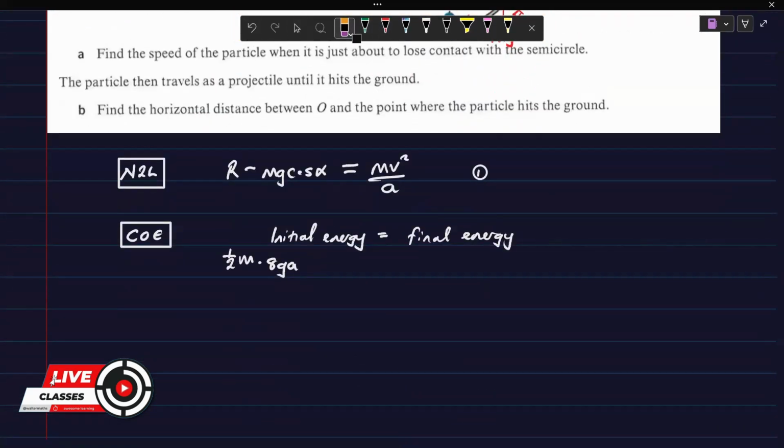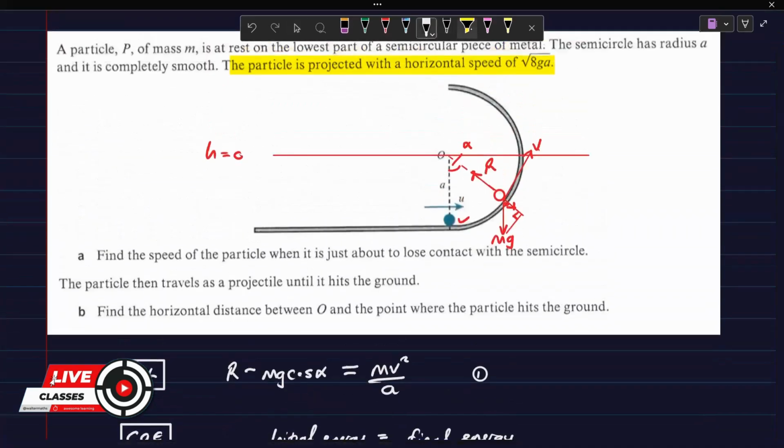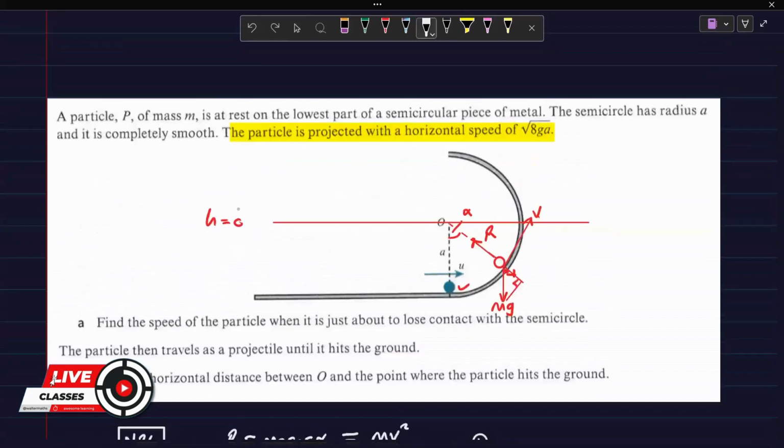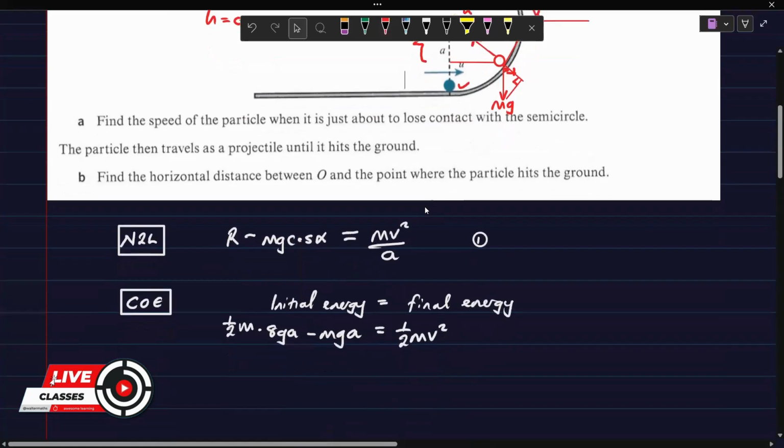So we will have minus mga, and this is equal to the final energy, which is the energy of the particle at the general point, where the speed is v. So the kinetic energy is going to be half mv squared, plus the gravitational potential energy, which from h equals 0 is minus a cos alpha, so we have minus mga cos alpha.